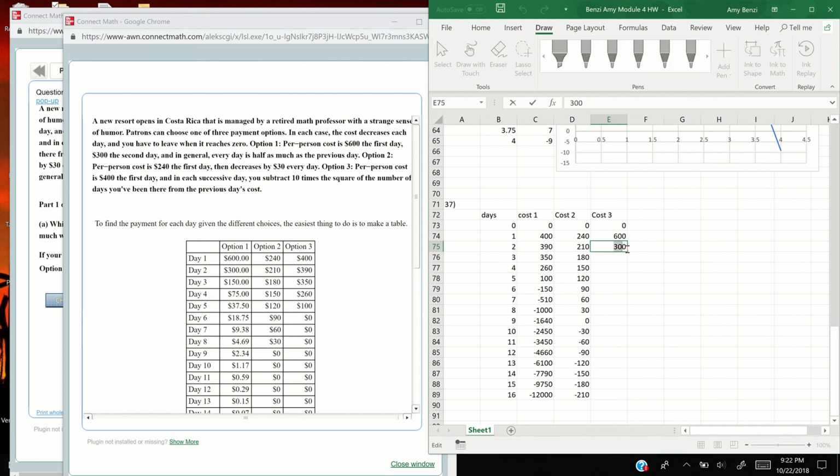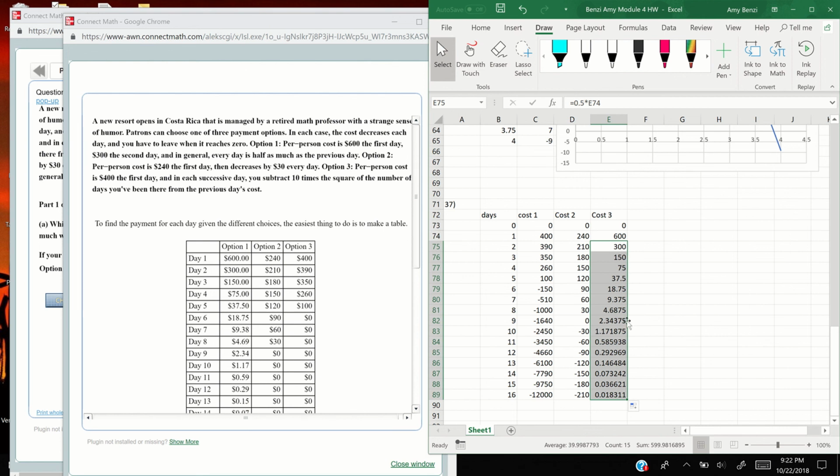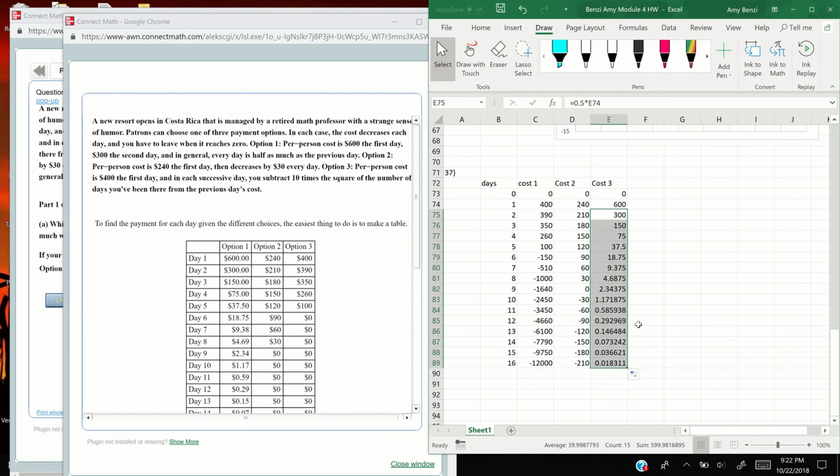All right, so I'm actually going to delete this 300 and apply my formula here. So this equals half, that's 0.5, half of the previous day. All right, and I'm just going to apply that formula all the way down. Now, what is happening here?